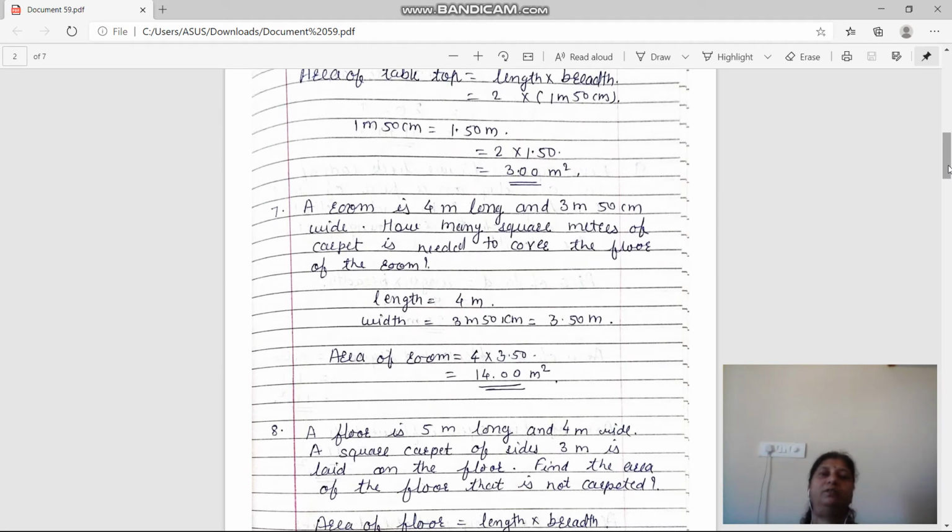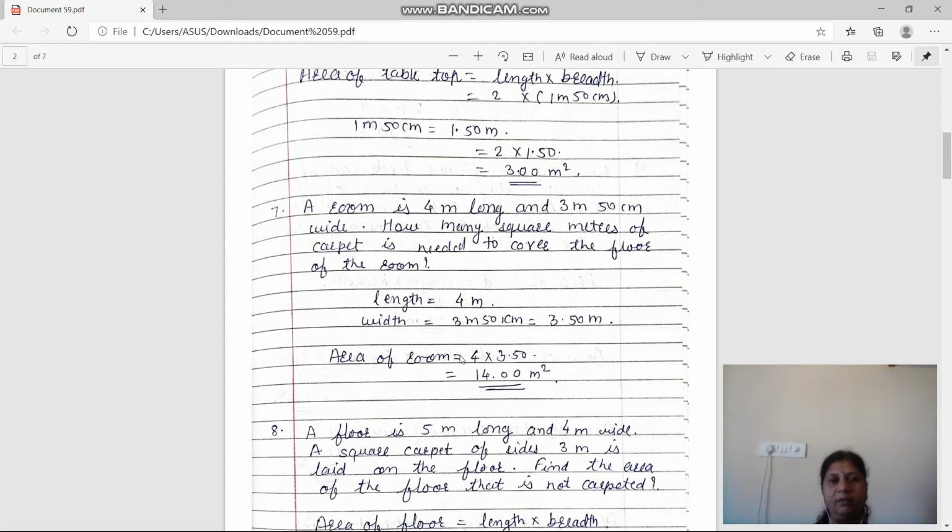A room is 4 meter long and 3 meters 50 centimeter wide. How many square meters of carpet are needed to cover the floor of the room? Nothing is different from the sixth example. If we want to calculate the square meters of carpet, we have to calculate the area of the room.